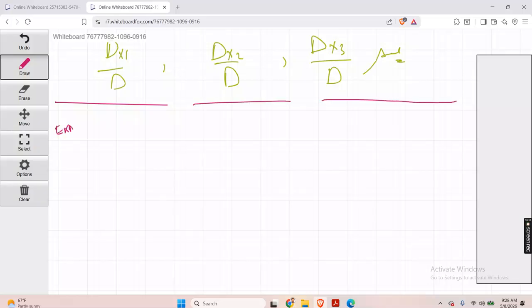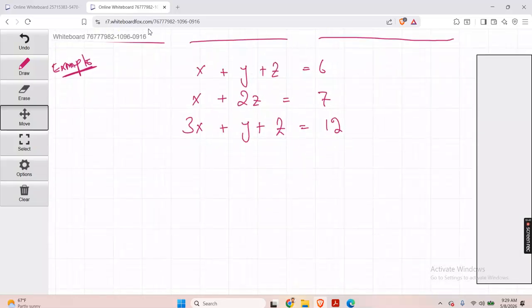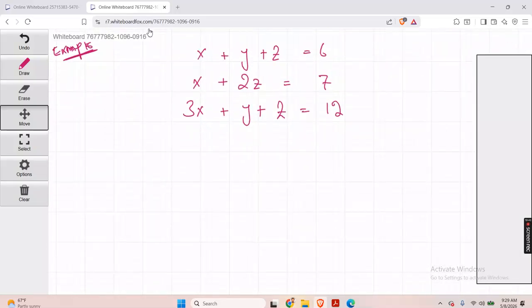Now the same, let's do by one numerical. We have x plus y plus z is equal to 6. We have x plus 2z is equal to 7. We have 3x plus y plus z is equal to 12. Now we have to put this in matrix form.